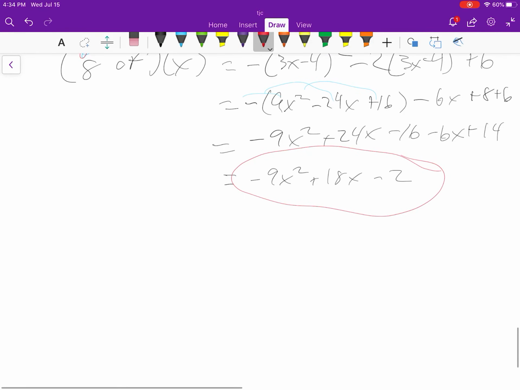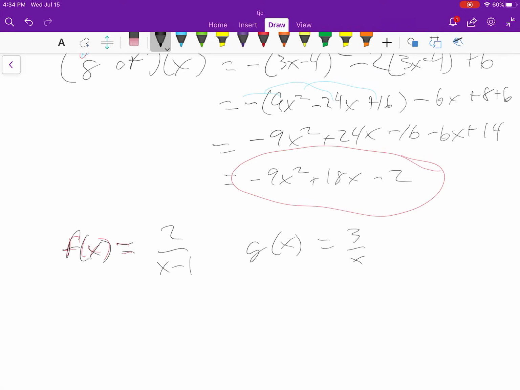Let's look at composing maybe two rational functions. So let's say we want to compose, here's f of, I want to get back to black. Let's say we have these functions here, and we want to compose them.